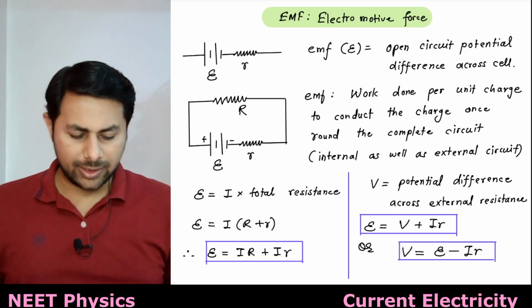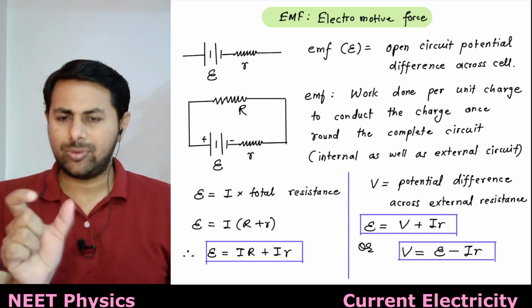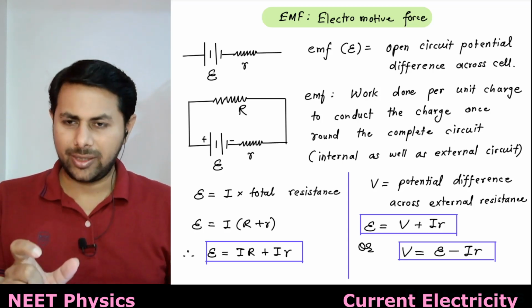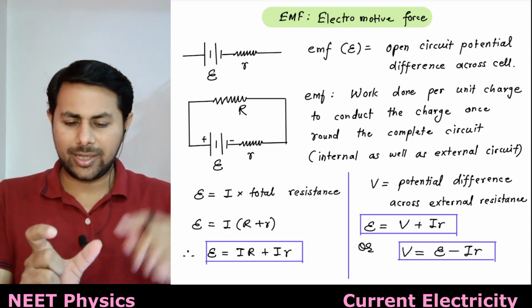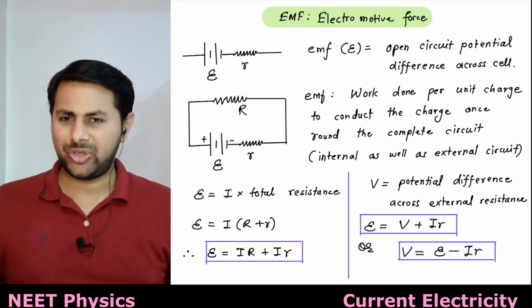Then there is another definition of EMF. What is potential difference between two points? We had studied this in electrostatics: it is the work done per unit charge to conduct that charge from one point to another point.